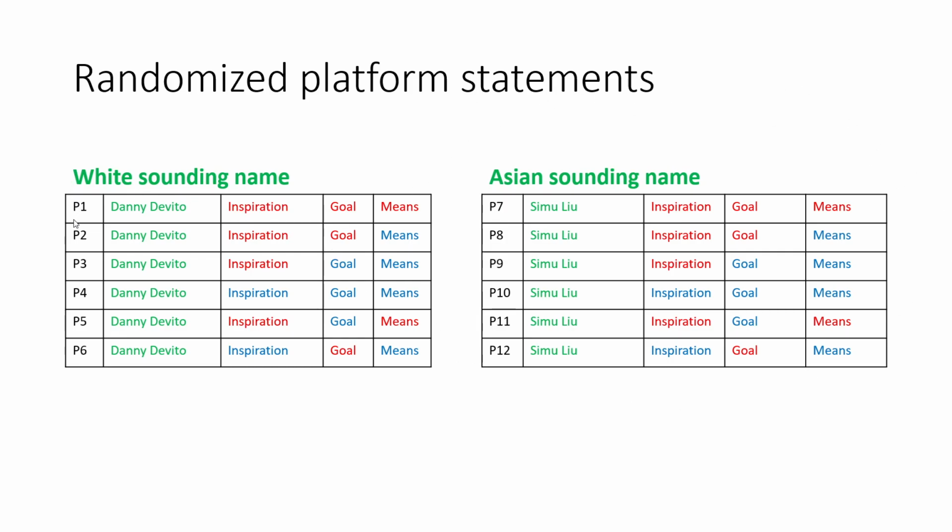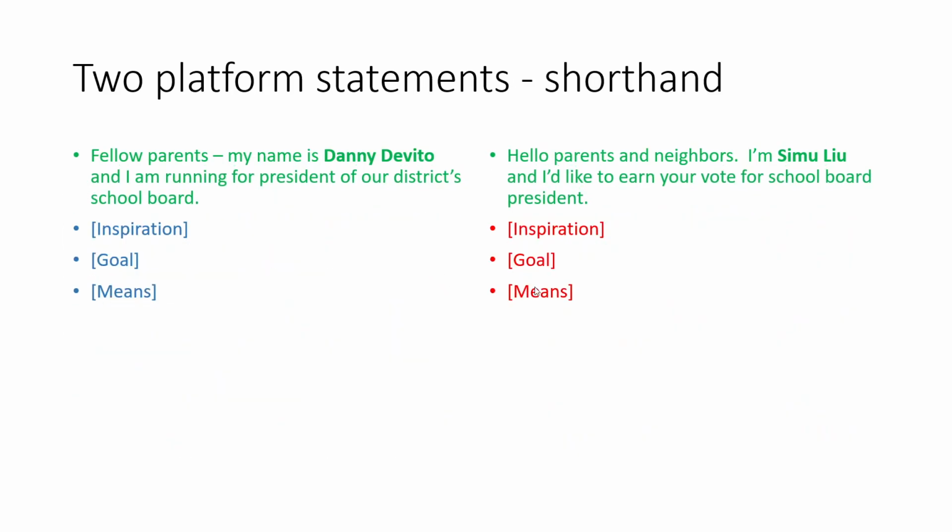Obviously you'd want quite a few more than 12 if you're running a study, but this is just to summarize our approach. We have 6 in each condition, and the critical thing to notice is that in each of these tables, we have every possible combination of inspiration, goal, and mean statements from these two groups, right?